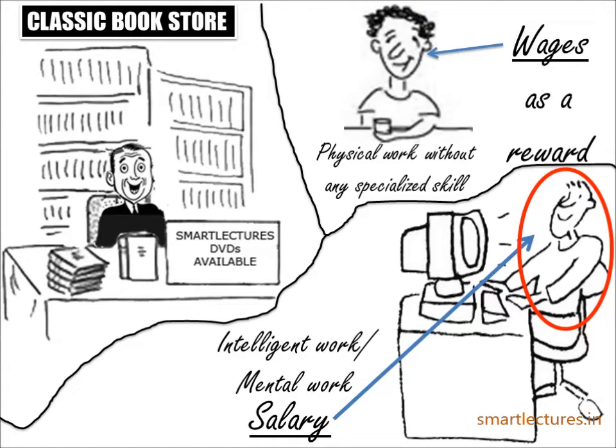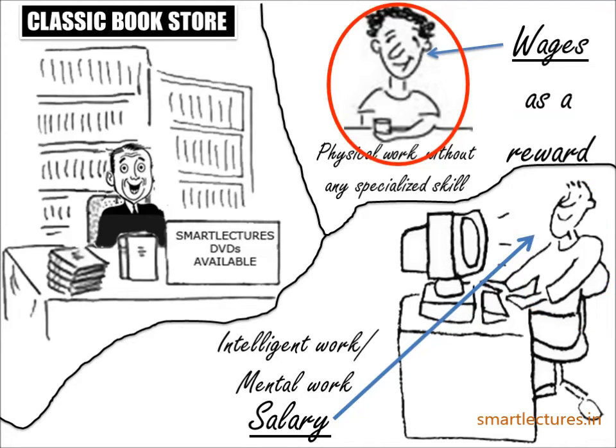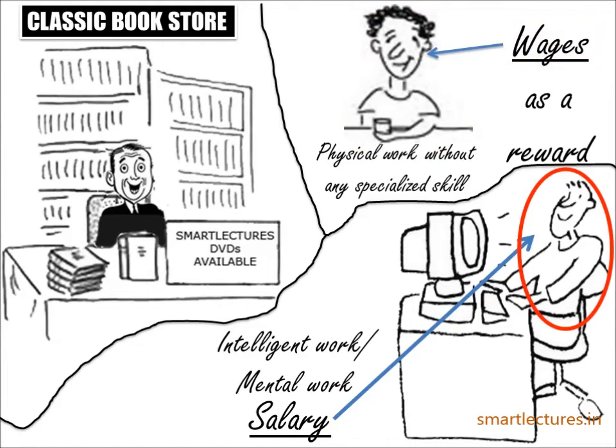The person who is serving just a cup of tea to you, or just brings water for you, or just arranging the files of your business or in your office, the money you will pay to that person will be called wages. And the money you are paying every month to the person who is doing computer job for you, that will be called salary. Because the computer man is giving you specialized services.